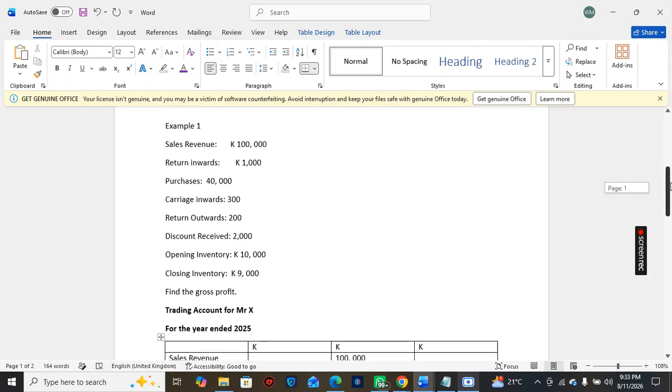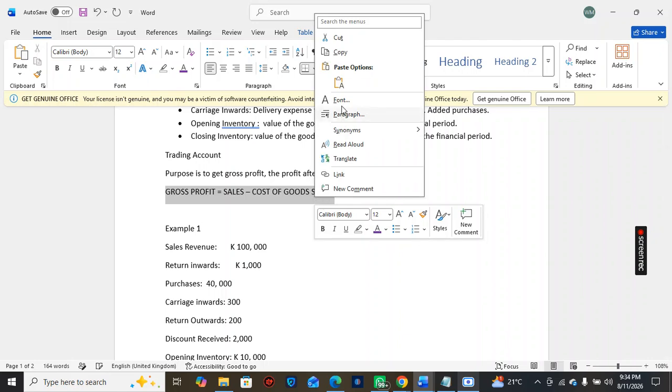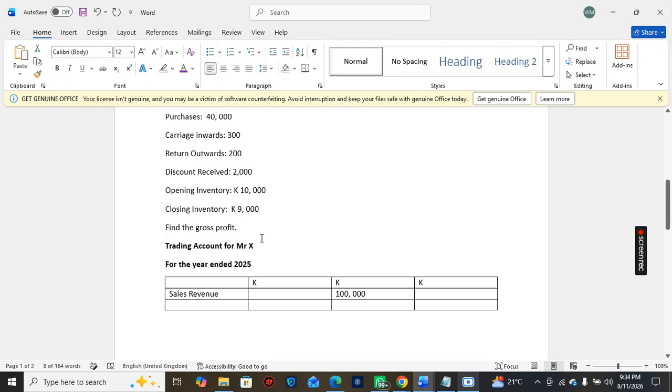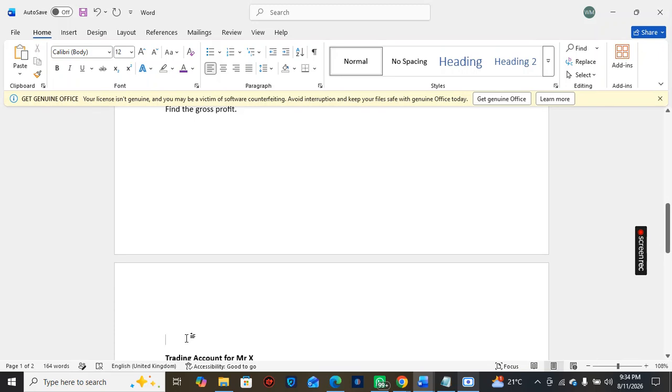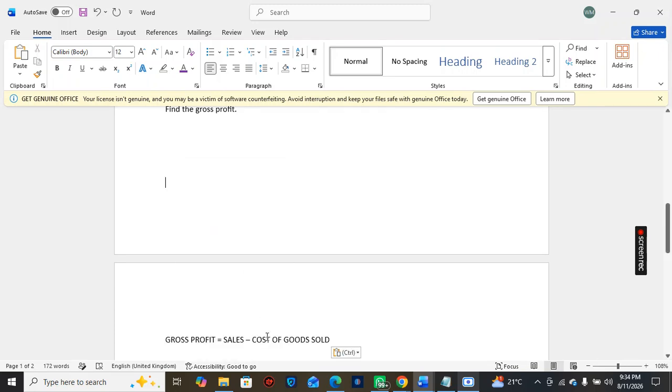Now let me show you how this formula will start expanding, so that we are following ahead. Remember earlier on I said gross profit equals sales minus cost of goods sold.